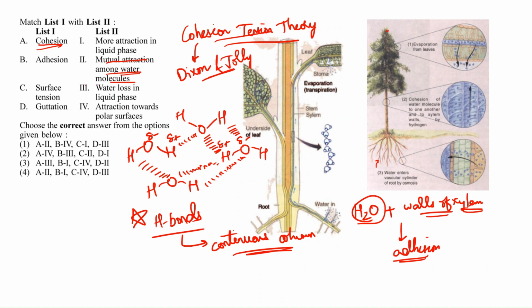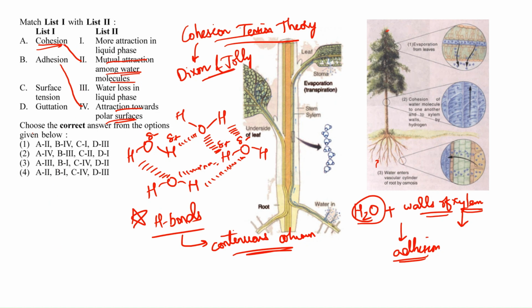So adhesion is attraction towards polar surfaces. Water starts attracting towards certain groups present in xylem. Xylem is rich in cellulose, pectin, hemicellulose, so with those groups it starts binding. So adhesion shows attraction towards polar surfaces, and cohesion is mutual attraction which allows the water to move in a continuous column.